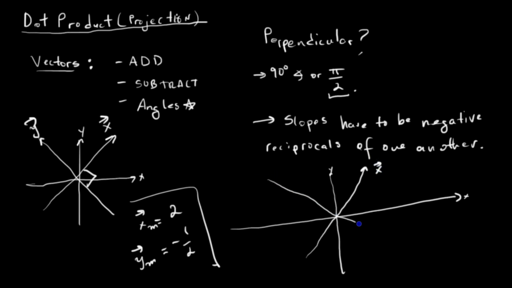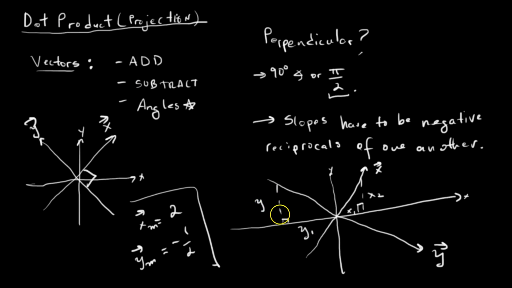And I have a line here, perpendicular to it. I'm going to call it y. So let's say I drop a perpendicular line to the x, so it makes a right angle, and a perpendicular line here, so it makes a right angle. And let's call this in the x direction x1, and in the y direction x2. Over here, similarly, we're going to call this y1, and we're going to call this y2.